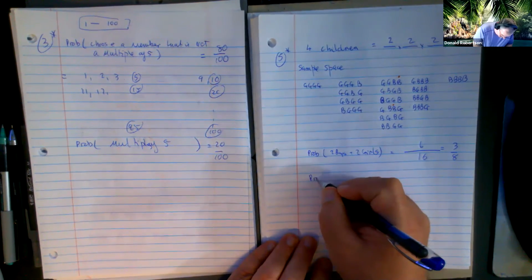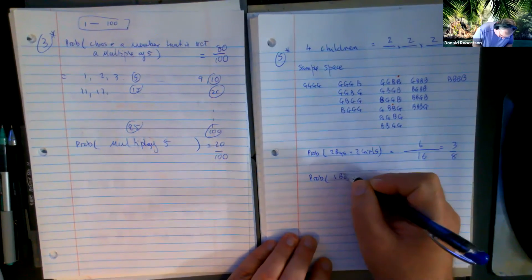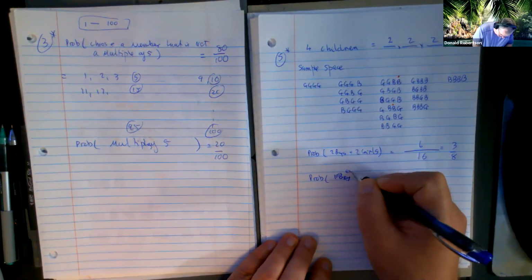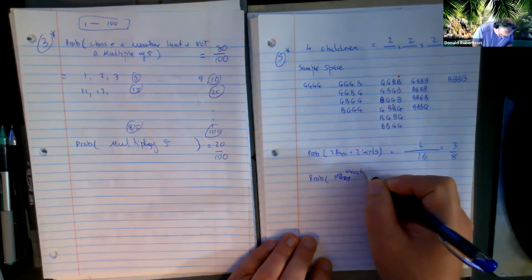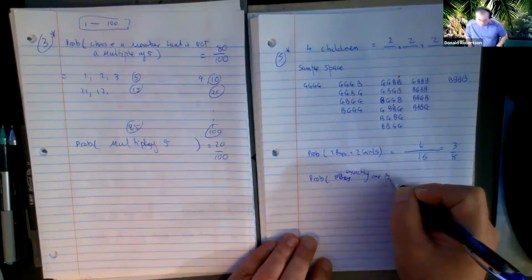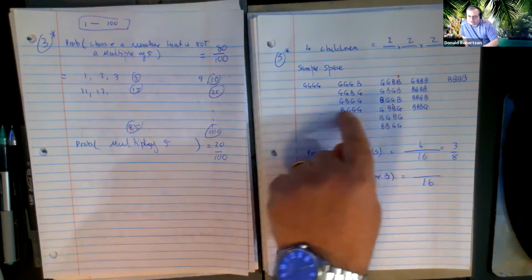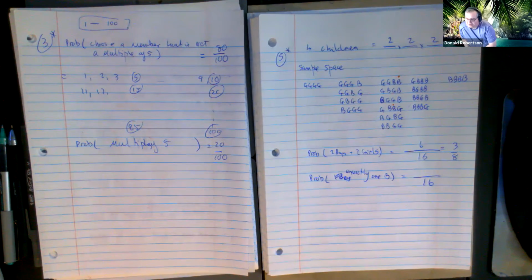If I said to you, what's the probability that you get 1 boy? Well, I guess I should say exactly 1 boy. How many of those 16 events that you see in this sample space would end up being a family with exactly 1 boy and the rest girls?